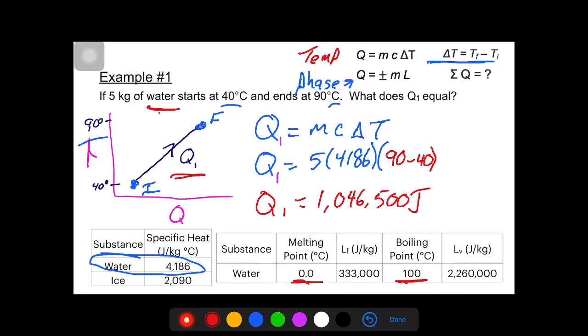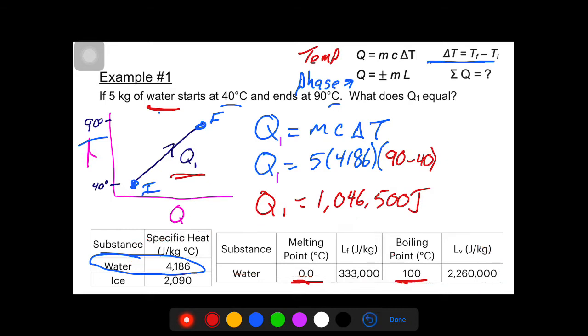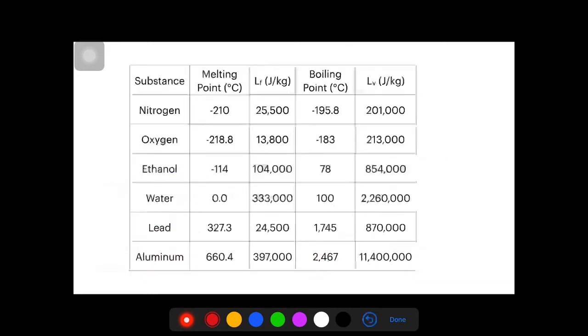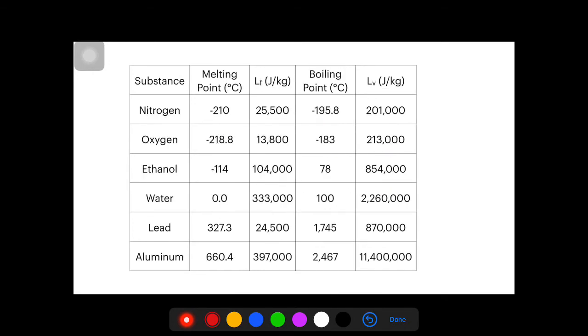Now, where does all this stuff come from? It's a reference, it's tables. I'm just putting it very conveniently on the bottom of your slide. On your homework, you'll have to look at a table like this to determine melting points and boiling points of the individual substances. And then you will also have to look at something like this to look at what are those values of the specific heats, where on the previous one, these are the latent heat of fusion versus vaporization.